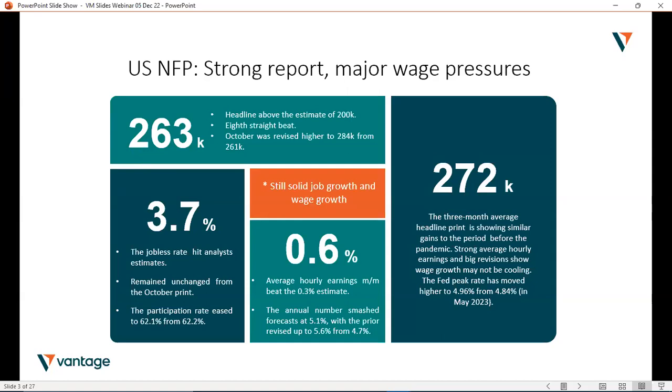Also October's numbers were revised higher, so strong job creation. But the key number probably was the 0.6% average hourly earnings growth, wage growth, beating that estimate, and also the annual number smashing the estimate, really. I think it was 4.6%, came in at 5.1%, and also a revision to the previous month.